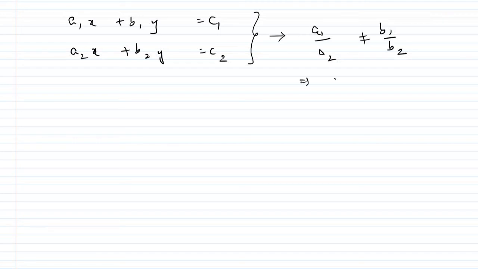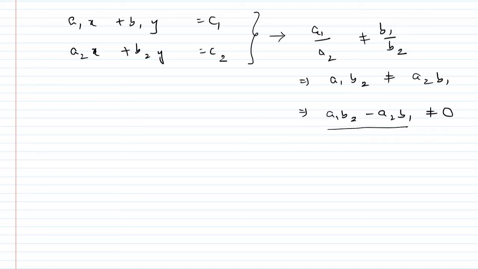From this we can write a1 b2 is not equal to a2 b1. This implies a1 b2 minus a2 b1 is not equal to 0. So only when this value is not equal to 0 does the pair of linear equations have a unique solution, isn't it?